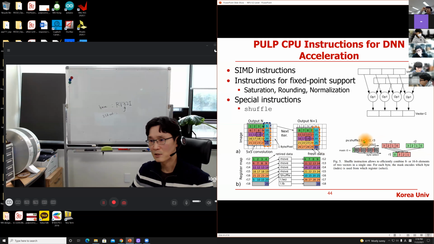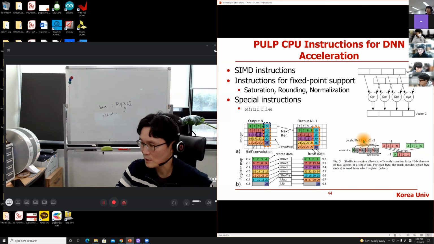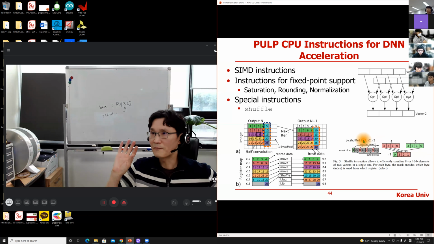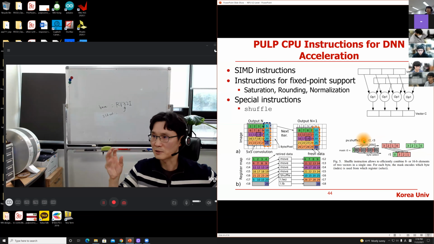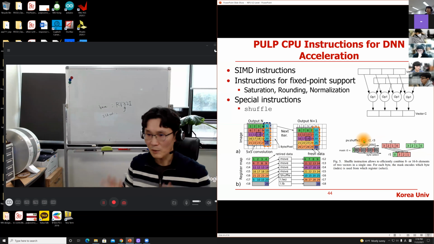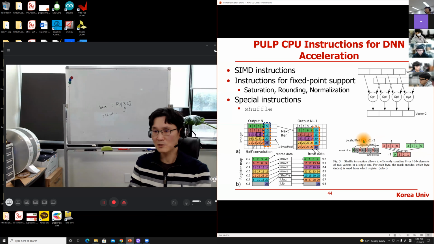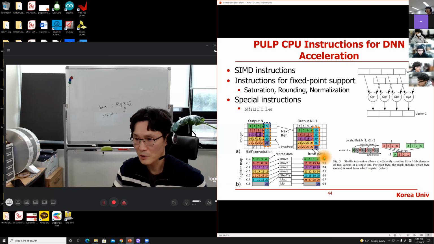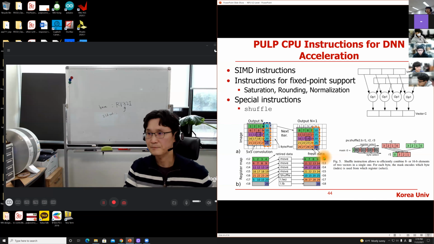So the point is they implemented a special instruction for efficient data rearrangement. Think about it: if you don't have this special instruction, you have to use many different instructions to rearrange this data like this. But using the special instruction, that can be done in one instruction.